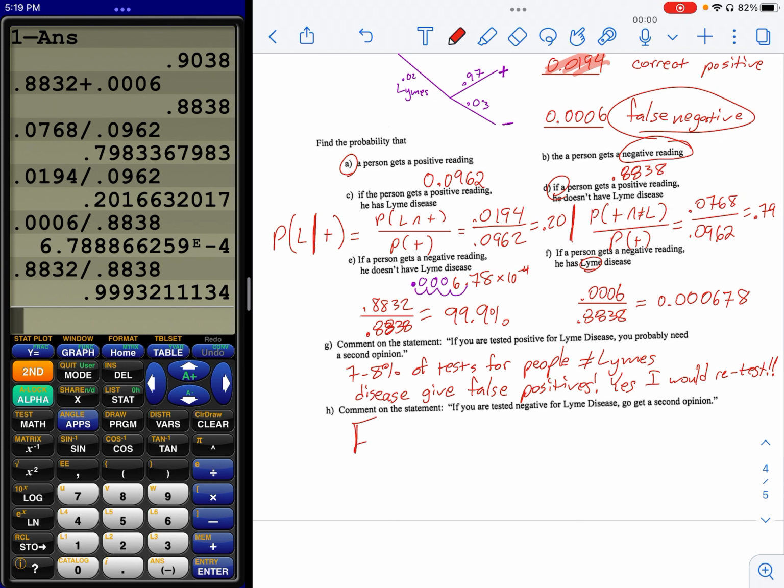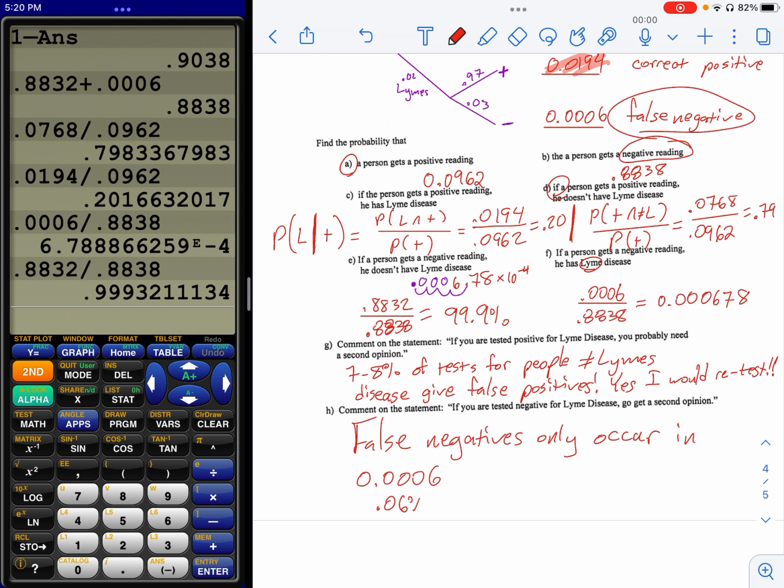So false negatives only occur in 0.0006. If you want to change that to a percentage, it's still tiny.